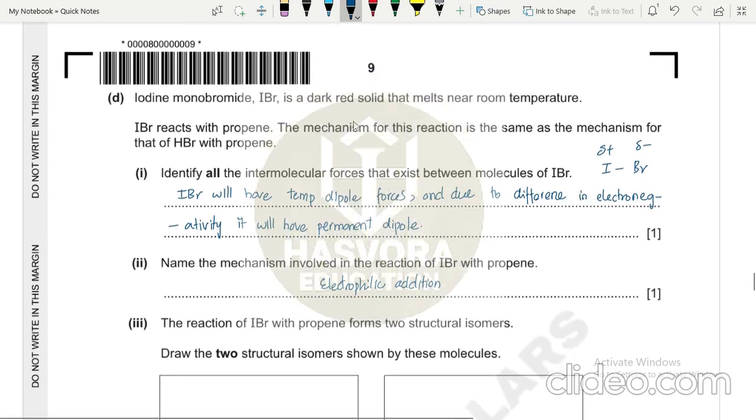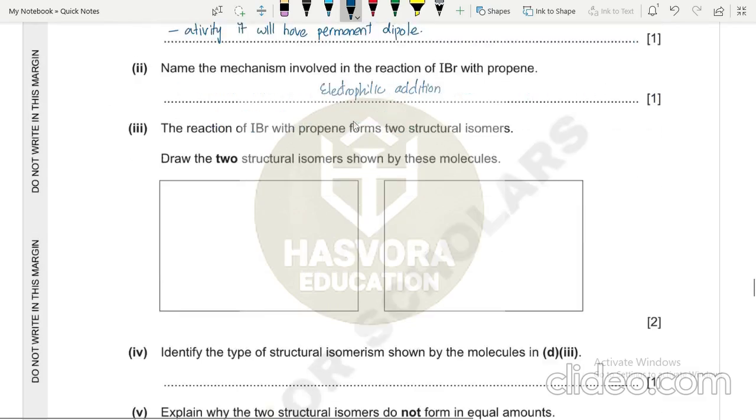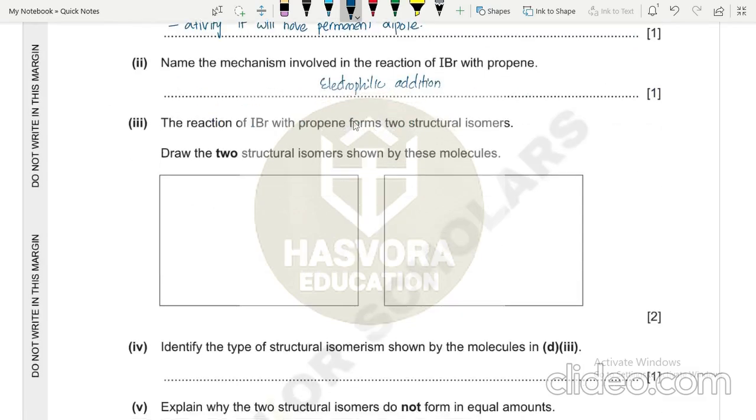Okay, so now let's move on. The reaction of IBr with propene forms two structural isomers. Draw the structural isomers shown by these molecules. So, for example, this is the propene and this is the IBr.